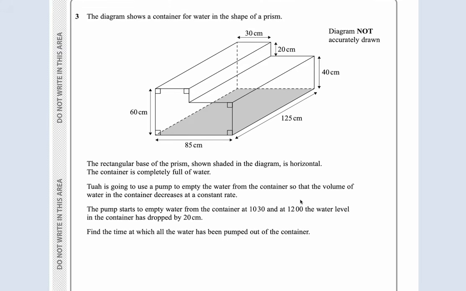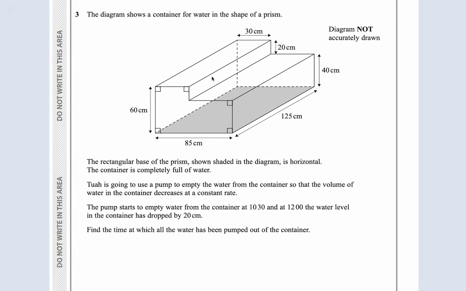Okay, question 3. Container for water, shape of a prism. The base of the prism shown shaded in the diagram is horizontal. Fine, the container is completely full of water.